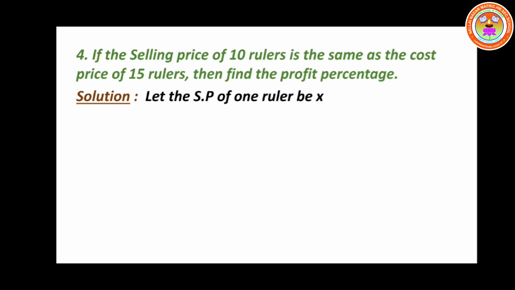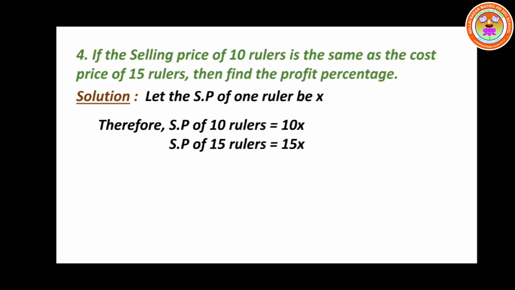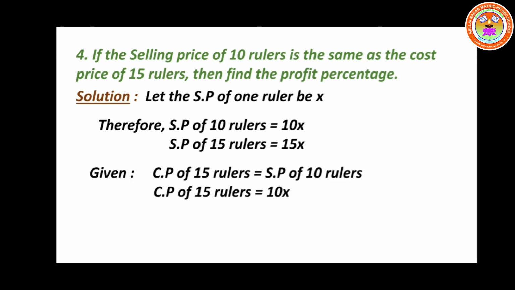Let the selling price of 1 ruler be X. So, selling price of 10 rulers equals 10x, that is 10 into the selling price of 1 ruler X. Selling price of 15 rulers equals 15x. Now, what is given in the question?